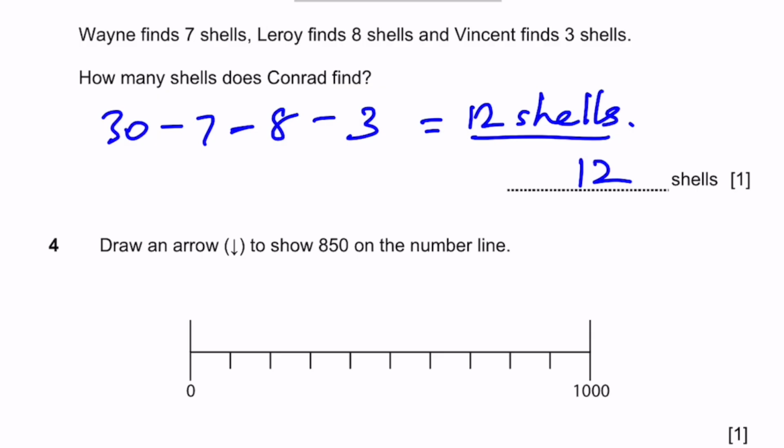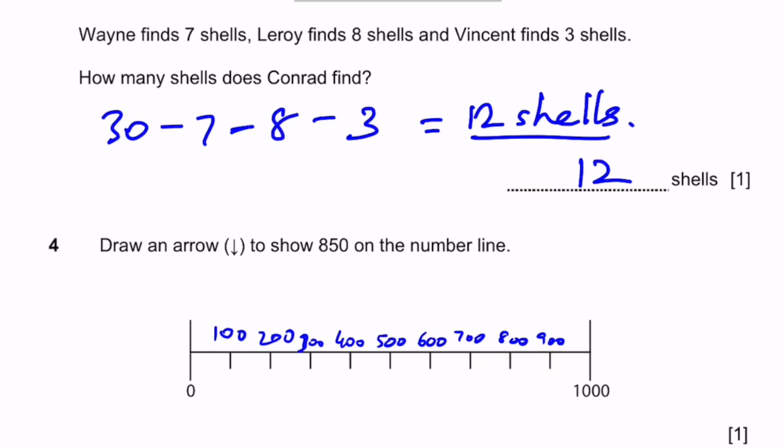Let's go to question 4. Draw an arrow to show 850 on the number line. So we have 0 and every gap is 100. So this is 100, 200, 300, 400, and so on. I'll just write them down. 100, 200, 300, 400, 500, 600, 700, 800, 900, and there's 1000 there. 850 is in the middle of 800 and 900, right?